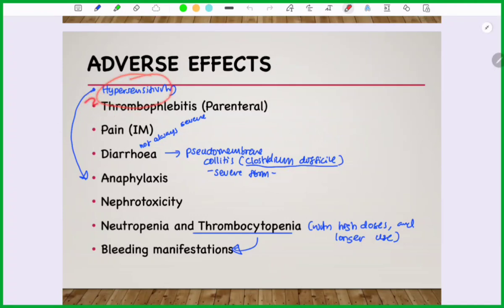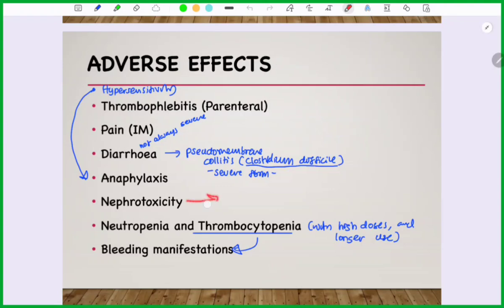Hypersensitivity, and the most severe form of it, anaphylaxis; thrombophlebitis; pain from IV injections; and diarrhea, actually from oral preparations, because it alters your gut microbiome; and nephrotoxicity, neutropenia, thrombocytopenia, and because of thrombocytopenia you get bleeding manifestations as well.